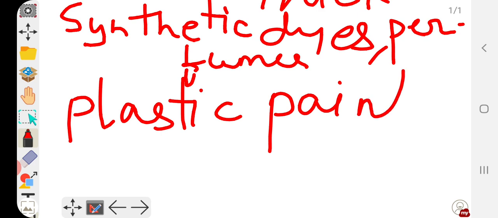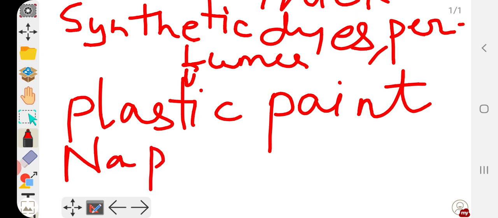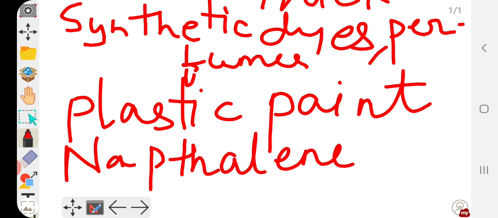And a very common one, naphthalene. Hopefully you know what naphthalene is. It is similarly white globules, comparatively a bit larger in shape, and we use these naphthalene balls to keep our garments and other things protected from termites and insects.